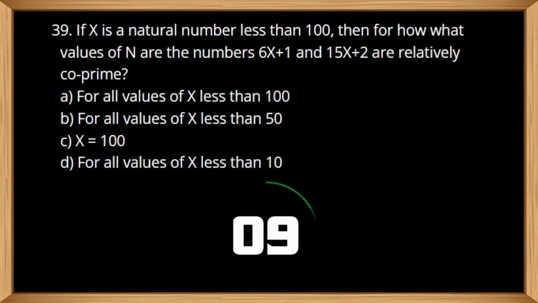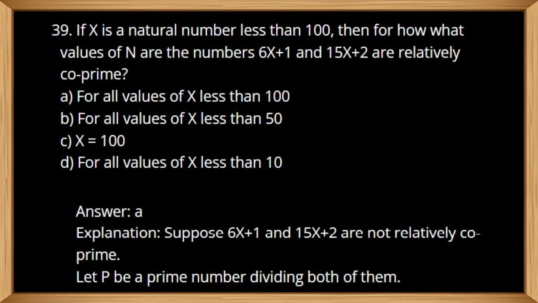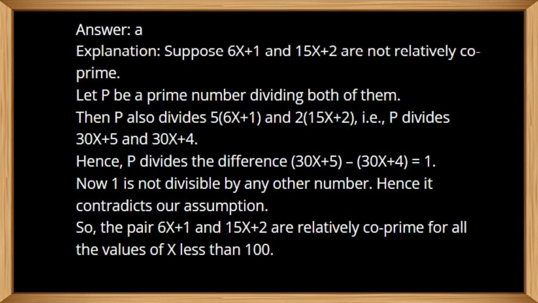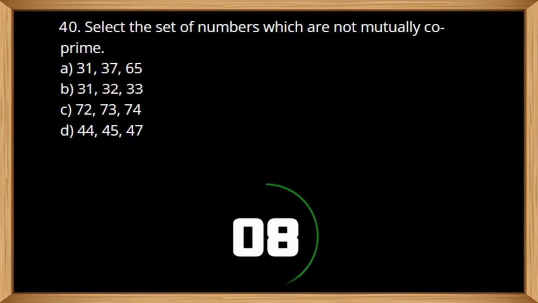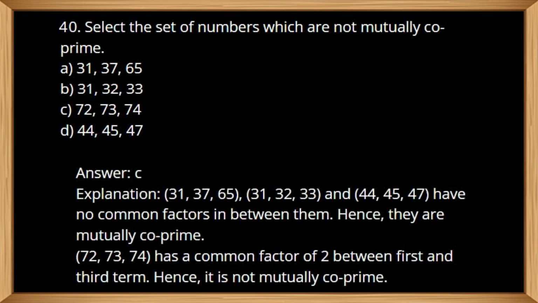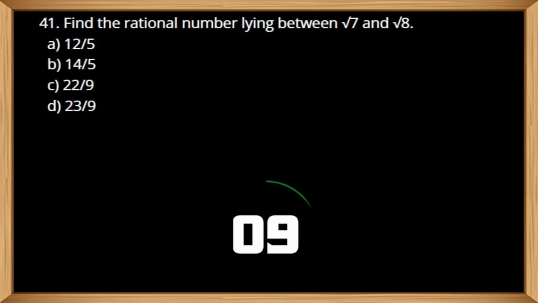If x is a natural number less than 100, then for what value of x are the numbers 6x plus 1 and 15x plus 2 relatively co-prime? Option A for all values of x less than 100. Select the set of numbers which are not mutual co-prime. Option C 72, 73, 74. Find the rational number lying between root 7 and root 8.